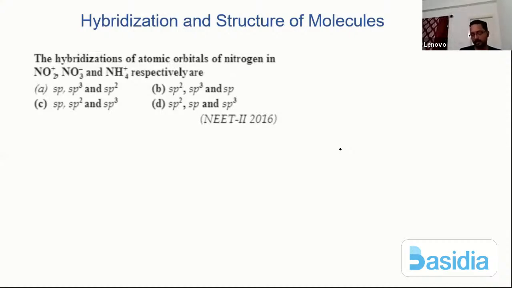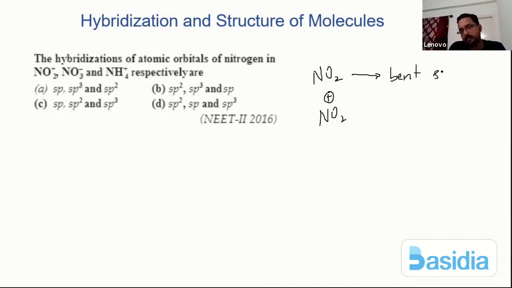Right, let us try to understand now. Normally, there is a confusion between an NO2 molecule. Listen to me carefully. Normally, there is a confusion between the NO2 molecule and the NO2 plus molecule. Okay, NO2 and NO2 plus. So remember one point, NO2 is definitely bent structure.